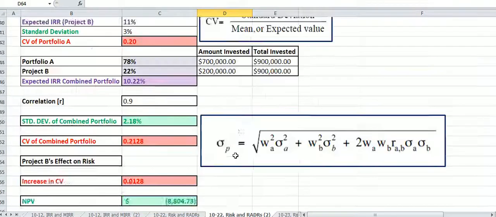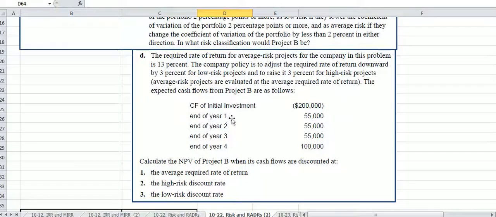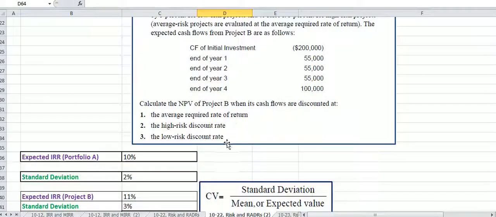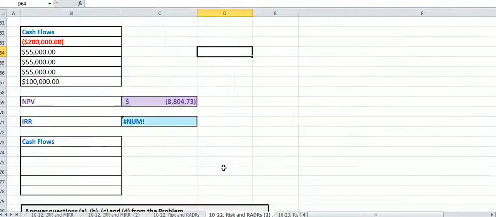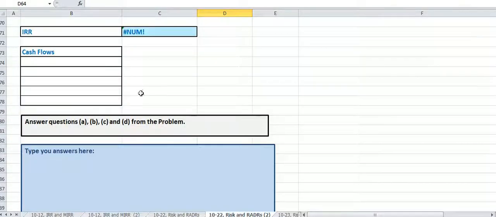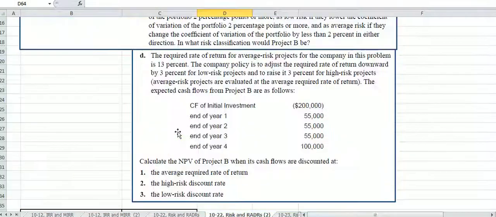Let's see what it's asking here. I don't remember if it asks for the internal rate of return, but I have the formula in here for it.